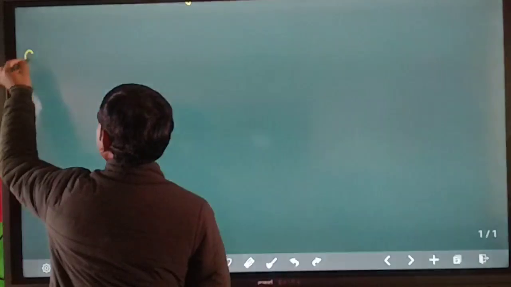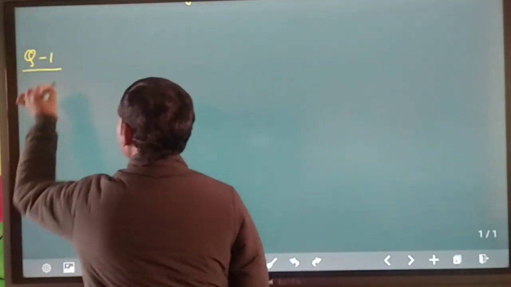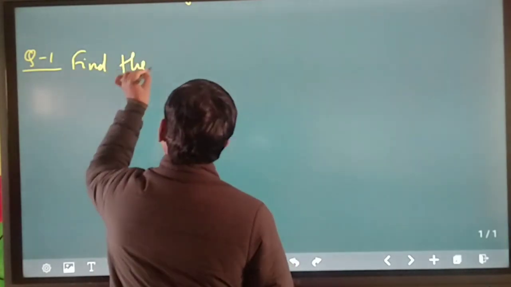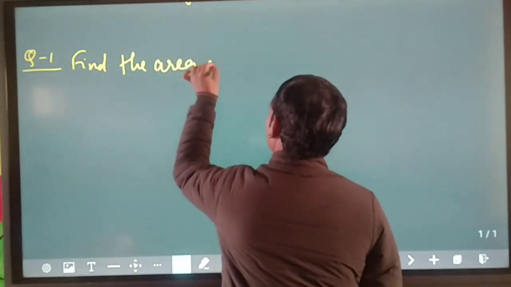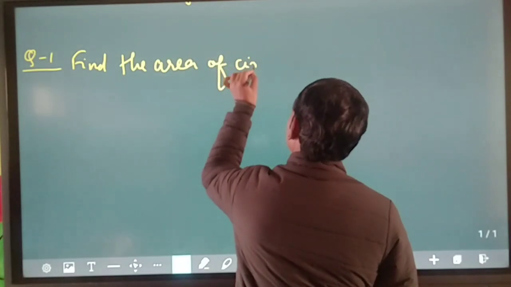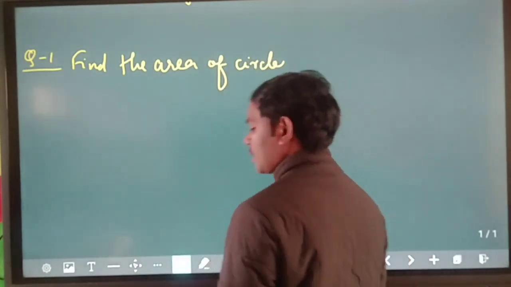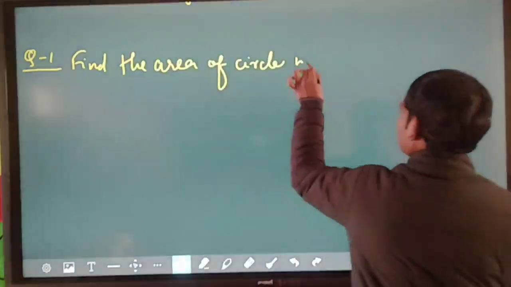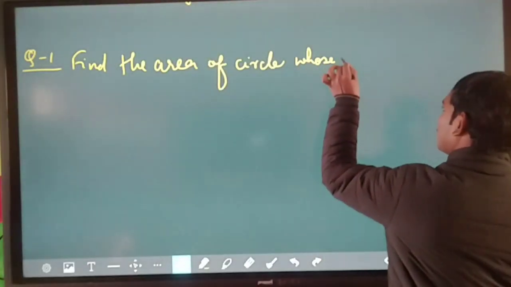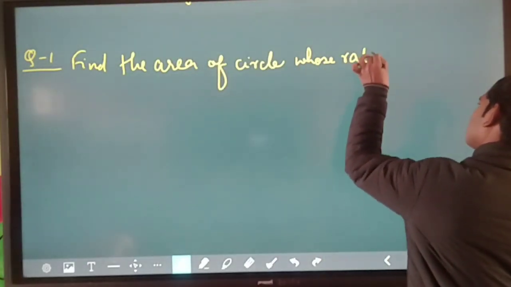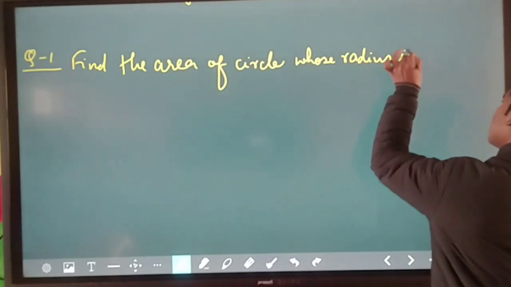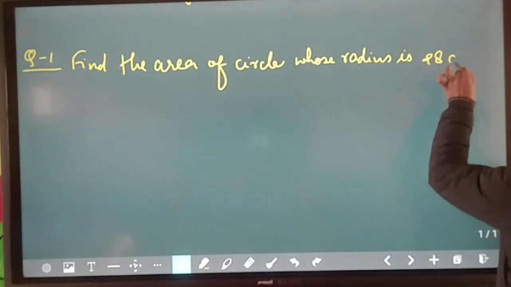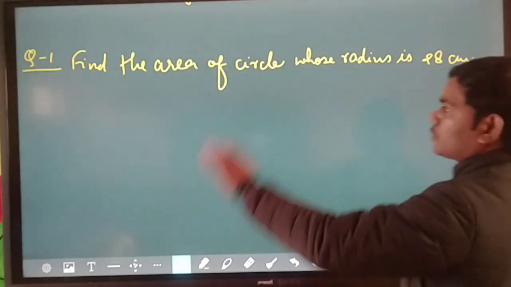The first question is, find the area of circle whose radius is 28 centimeter. This is your question.